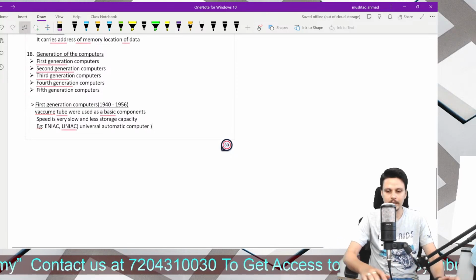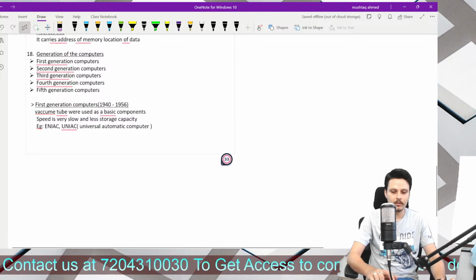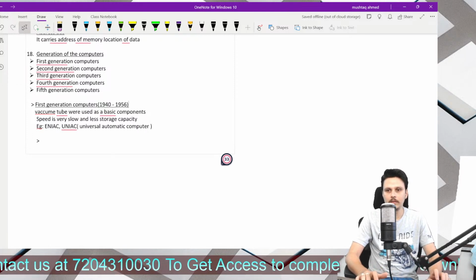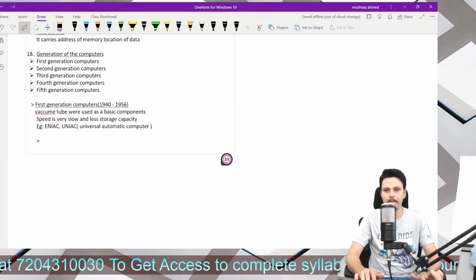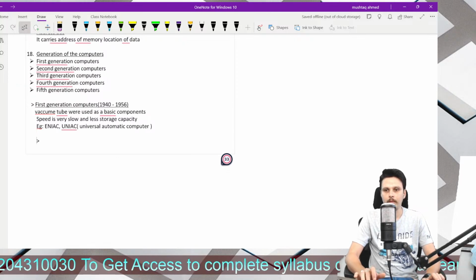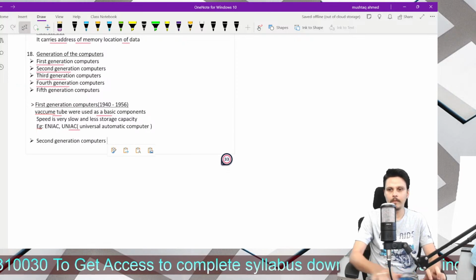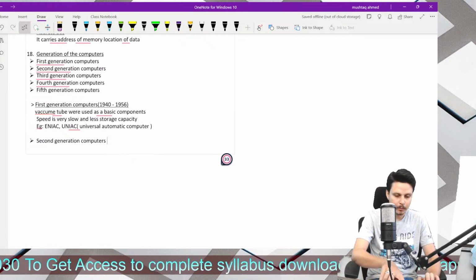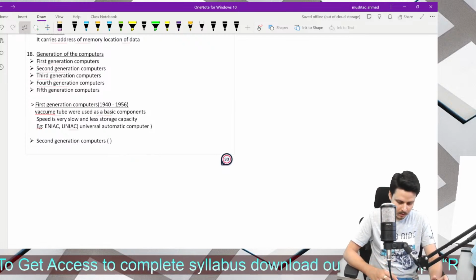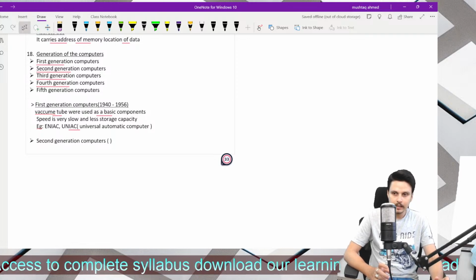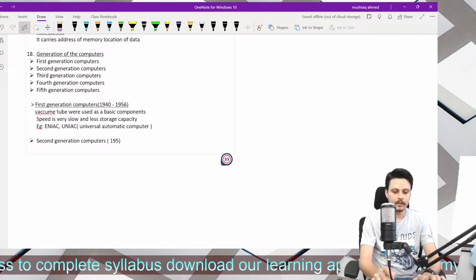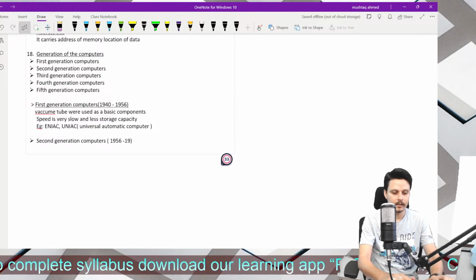Let us move to the second generation now. Second generation computers. It was started in 1956 till 1963.